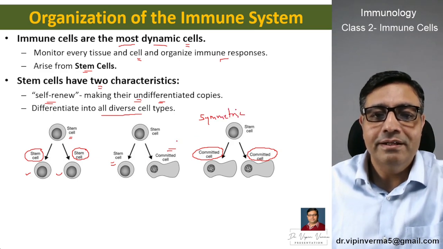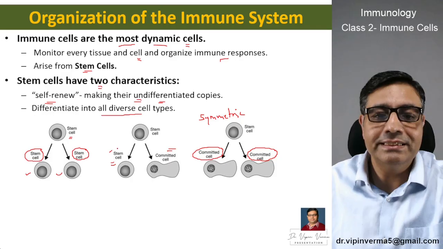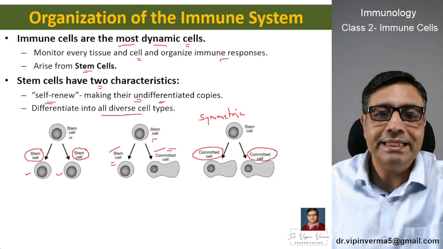And where the mother cell is giving rise to two different daughter cells, here one is the stem cell but the other is the committed cell, we call this kind of cell division an asymmetric cell division.